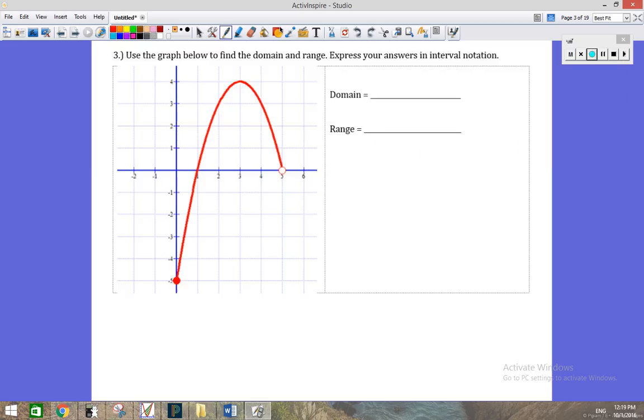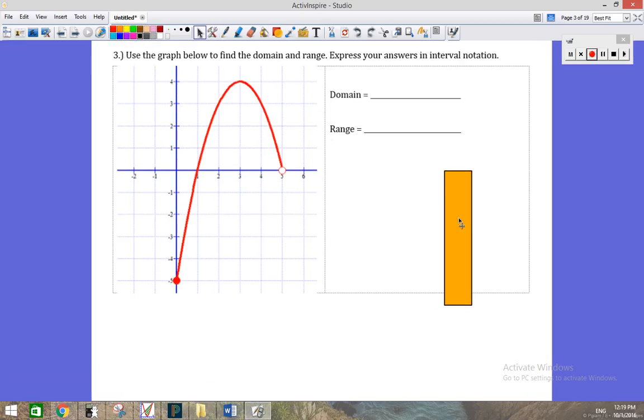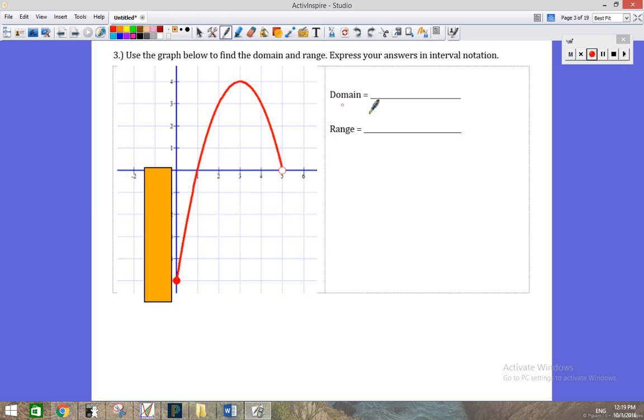Here we look at a graph. To find the domain, we're going to come in from the left and see what we hit first from the left. So if I use a straight edge, as I come in from the left, the first thing I hit is a solid point, and for the domain I need the x coordinate of that point.